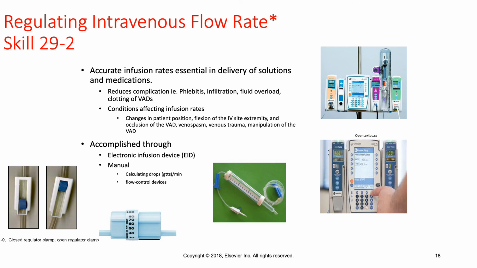Accurate flow rates can prevent fluid overload, the patient receiving too much fluid, and it can also prevent clotting of the vascular access devices. So those IVs can clot if they're not receiving enough fluids going through them to keep them patent.